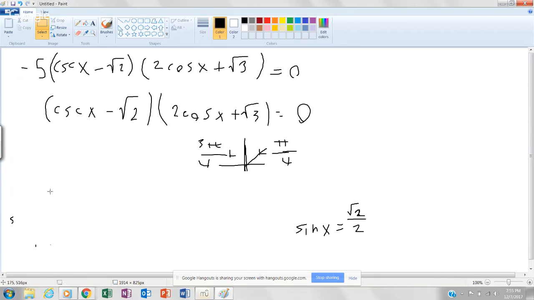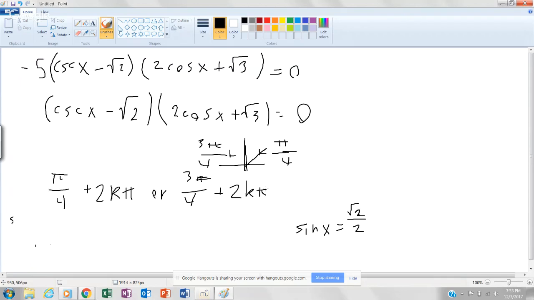So then it's going to be pi over 4 plus 2k pi, or 3 pi over 4 plus 2k pi.